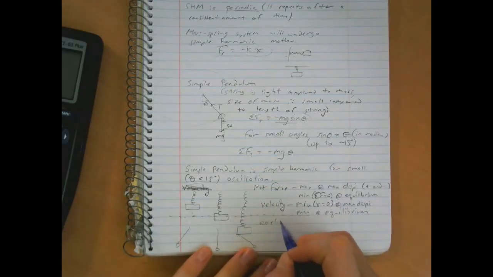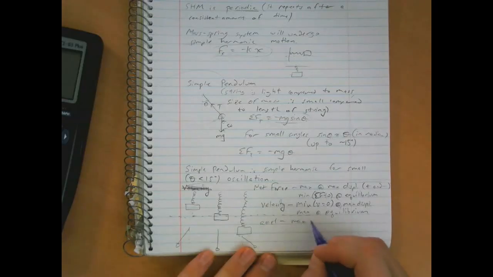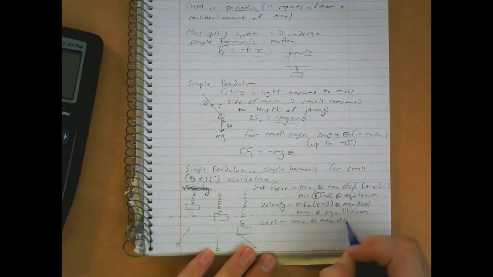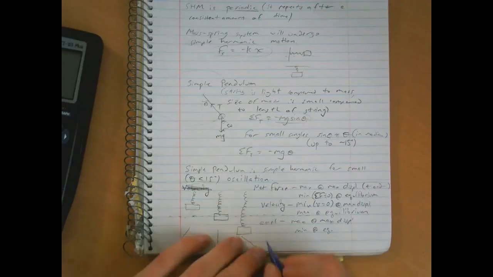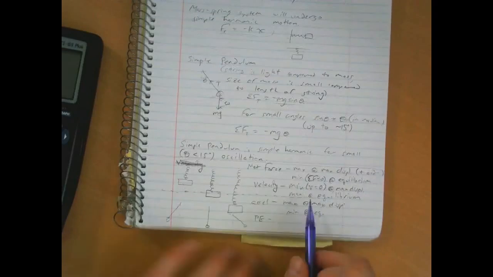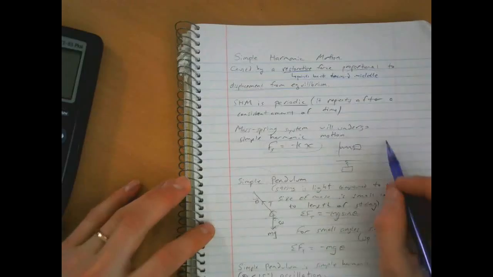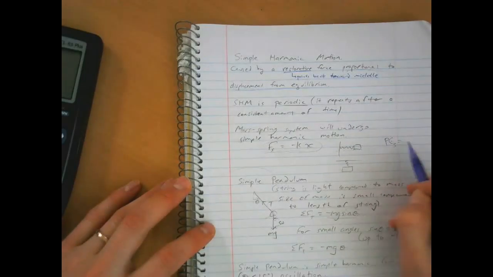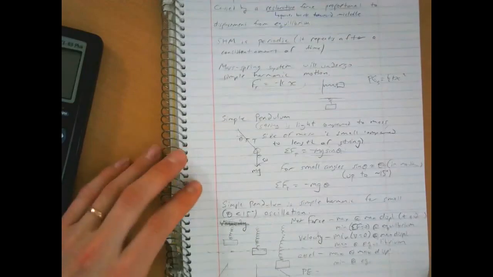Acceleration. Of course, acceleration is directly dependent on force. So acceleration is also maximum at maximum displacement, minimum at equilibrium, or at 0 displacement. And then the last quantity I want to think about here is potential energy. You may not recall, but our spring potential energy that we talked about earlier in the year is 1/2 kx squared, where x is the displacement from equilibrium.